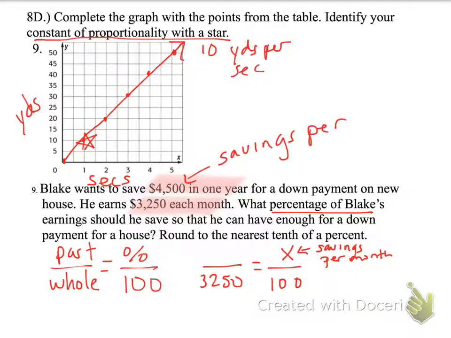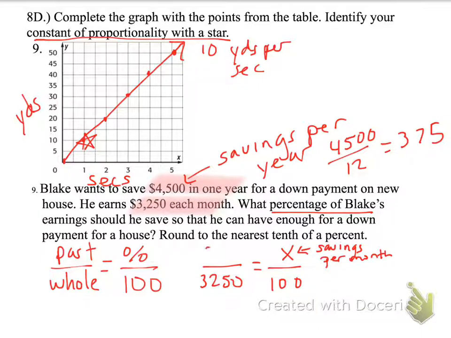But we can easily get that down to a month, because how many months are there in a year? Well, there are 12 months in a year. So in order to figure out per month, I just divide. I divide 4,500 by 12. And so he needs to save $375 per month.